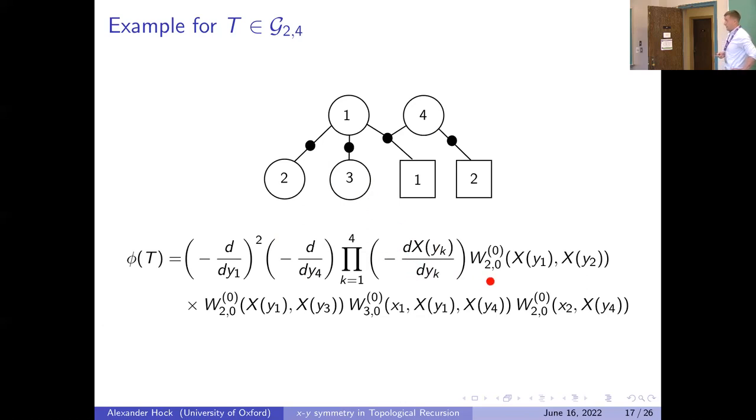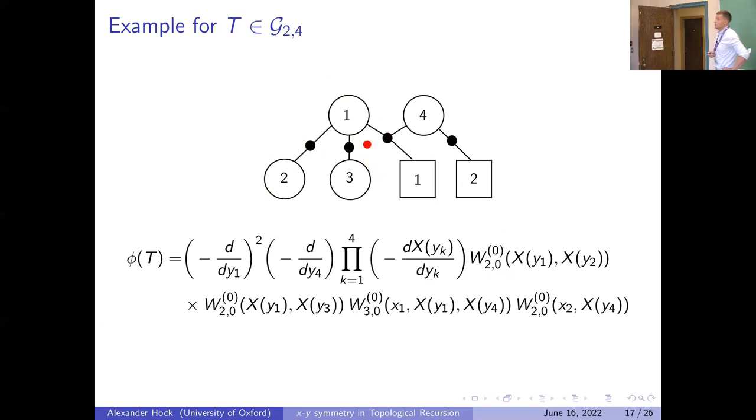over dy_k. And then we have to look at the black vertices, where the first black vertex is connected to 2 white round vertices. This is why we wrote capital X of y_1, capital X of y_2. The second black vertex is capital X of y_1, capital X of y_3.